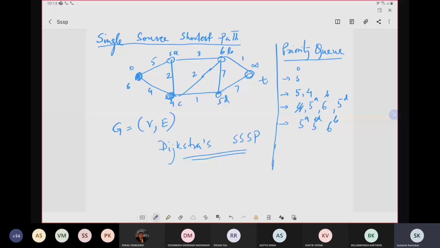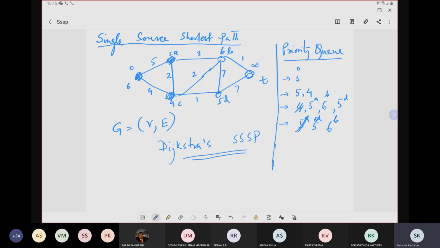I mean, anything is okay because their priorities are same. The distance from the source S is same. So you can do anybody, but we keep it as 5A because A was explored first. Okay. Next time I extract the min, so I just remove this from this list. Okay, so this I make visited.